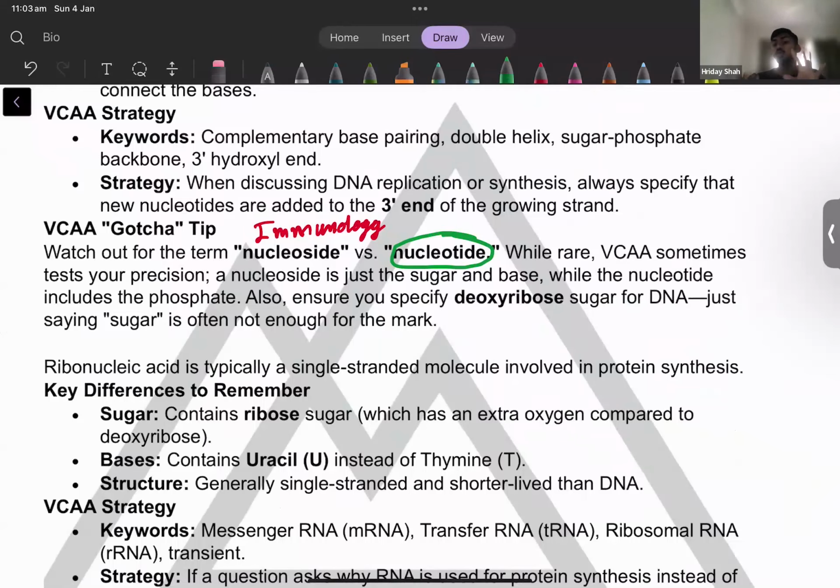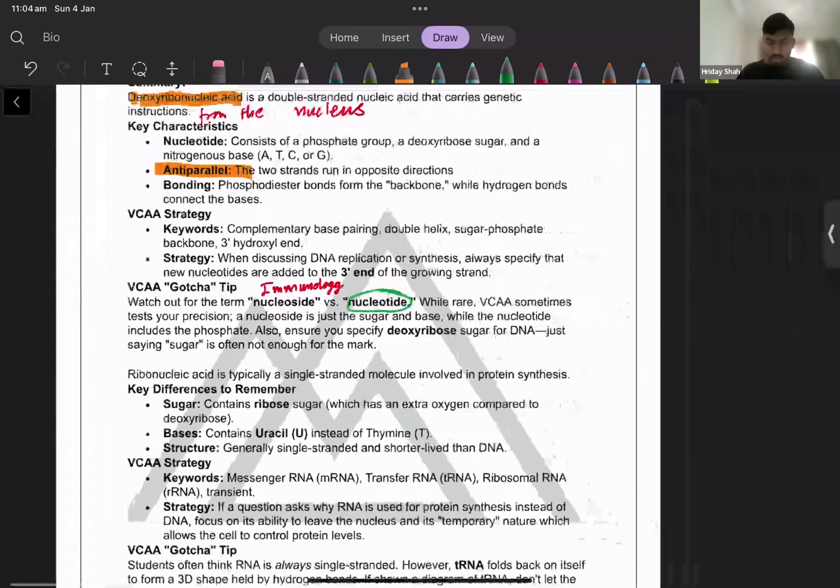Usually biology is not too picky about spellings, but in specific cases like this, where you've got two words that are very, very closely related or just one letter difference, VCAA won't accept any deviation in spelling. So nucleotide is one word that you must spell correctly.